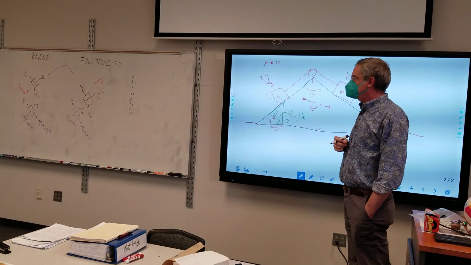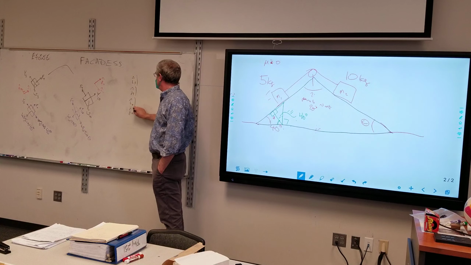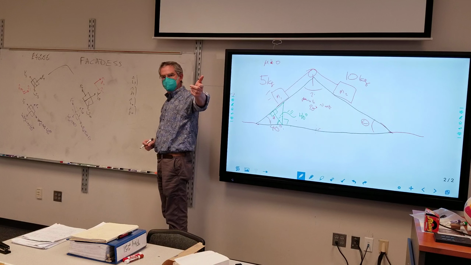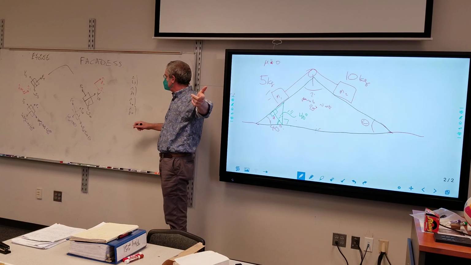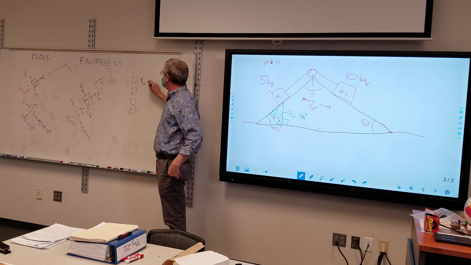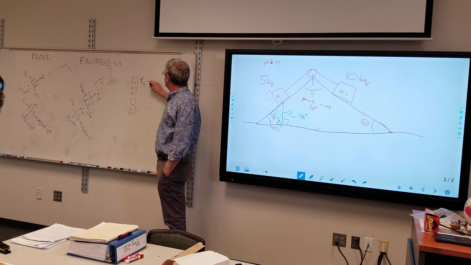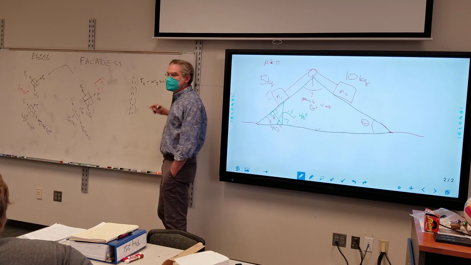So I hat's going like this. For I5, we have FT minus W5 sine 40 degrees is equal to mg?